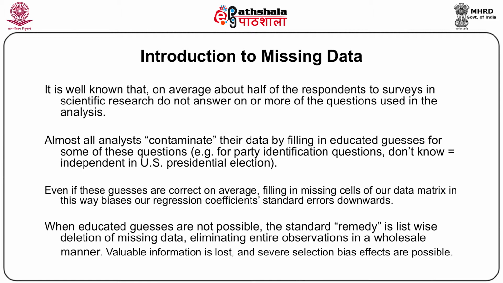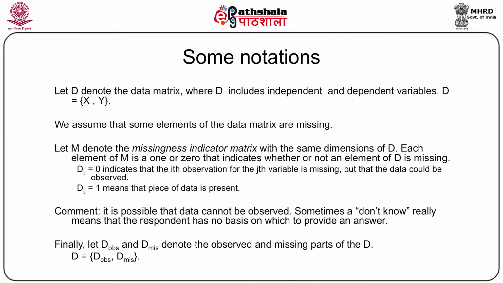Almost all analysts contaminate their data by filling in educated guesses for some of these questions. For example, for party identification questions, "don't know" means independent. In the US election setup, there are two major parties, the Republican and Democrat, and then the remaining is independent.